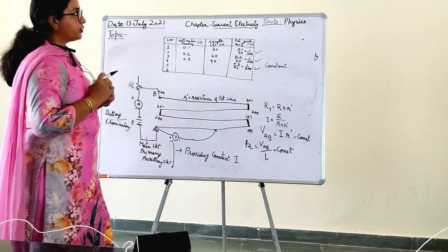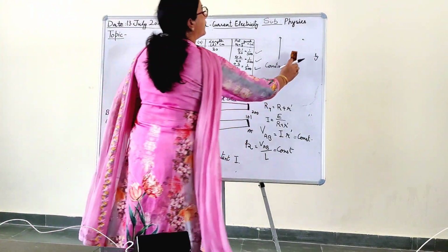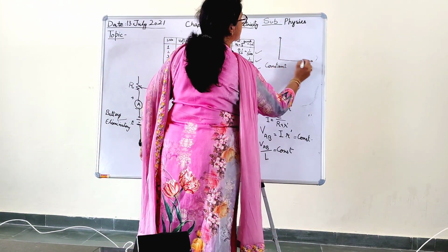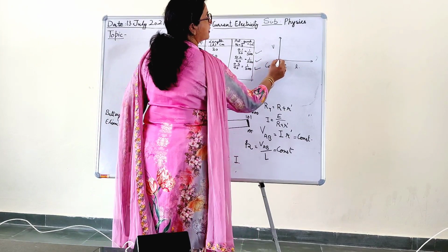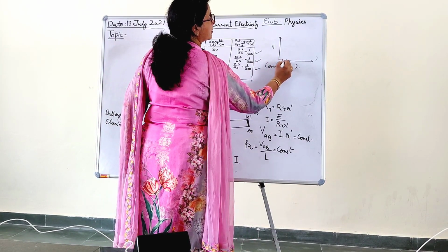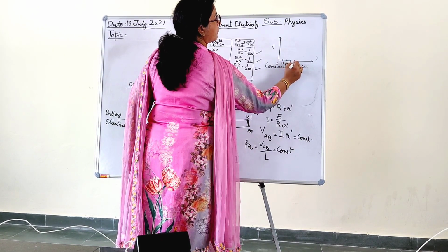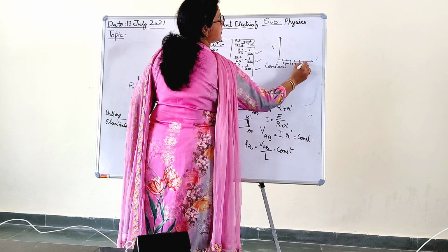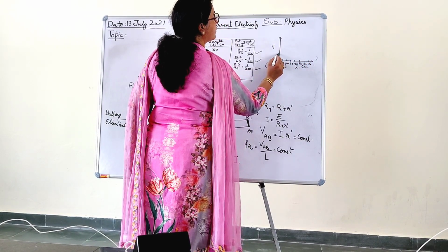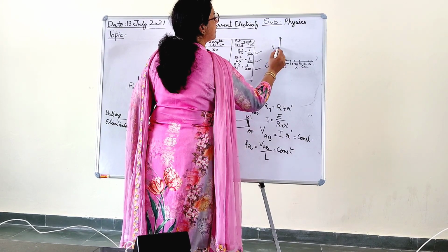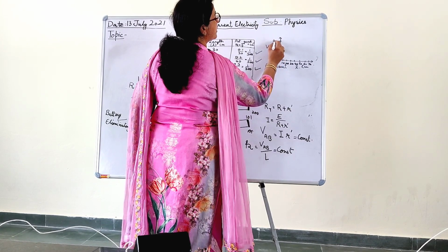The graph we can draw is between the potential difference and length. For length in centimeter, I am writing 10, 20, 30, 40, 50, 60, 70 and so on, and here let's say 0.1, 0.2, 0.3 and so on.